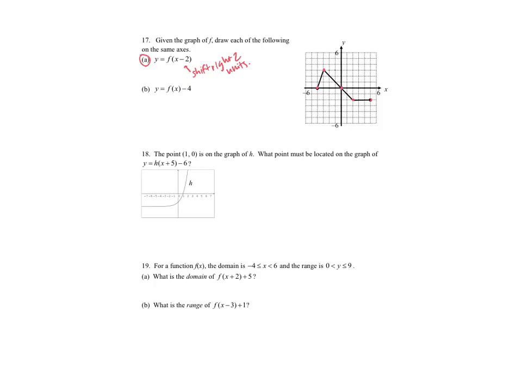Okay, now we have too much going on here. I'll delete those so we can see, and go back to my red pen and fill it in. Okay, so there is that one.